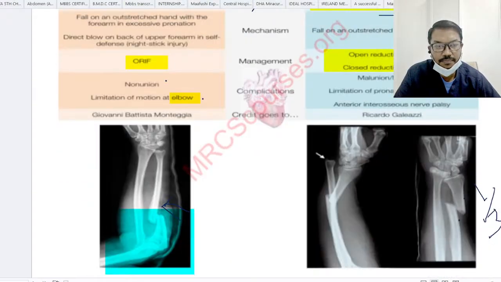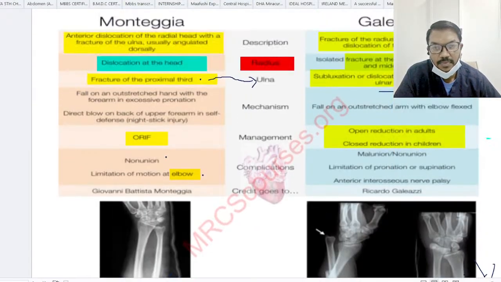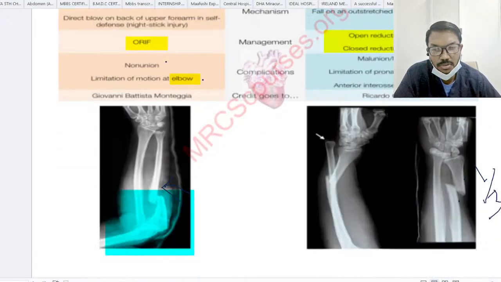Monteggia, you can see. Just remember a few points. Fracture of the proximal third of the ulna. This is proximal and this is distal. Ulna fracture will be in the proximal third.